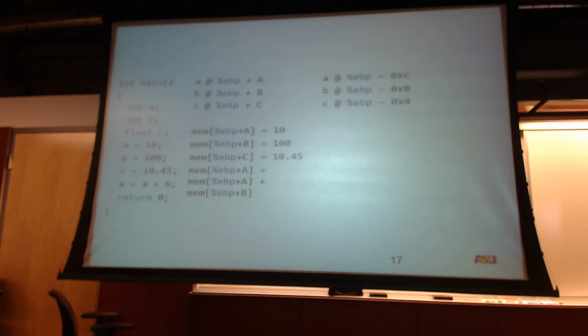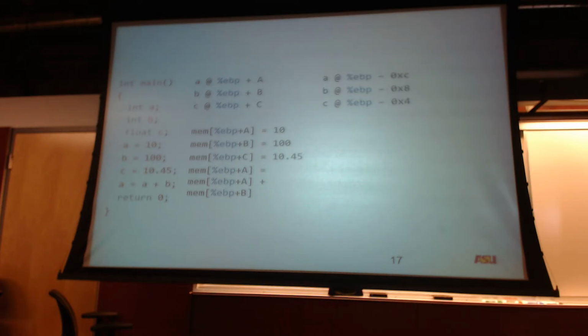So let's draw it. If we draw it, it will be much easier. Let's say this is our 0xF, then this is 0xC, 8, 4. Now let's say our base pointer was here, EBP.